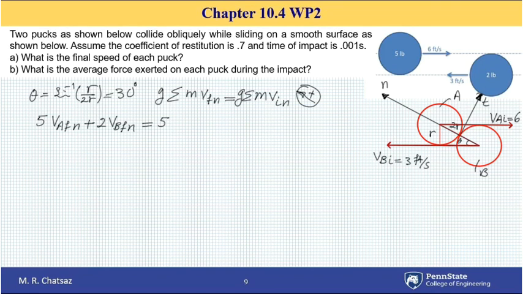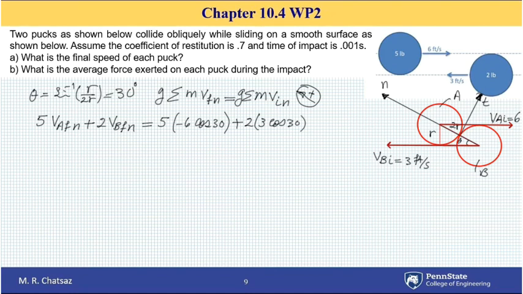Observe that the normal component of VA initial is down to the right, so I should write minus 6 cosine of 30 initially, and then ball B has a positive momentum in the normal direction, which is 2 pounds times 3 cosine of 30.